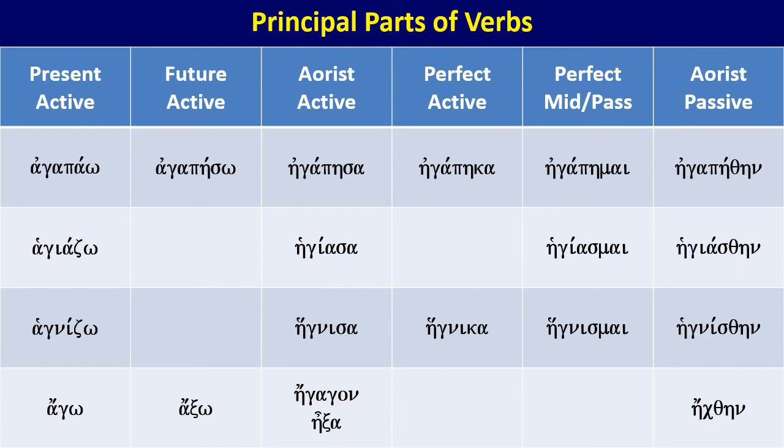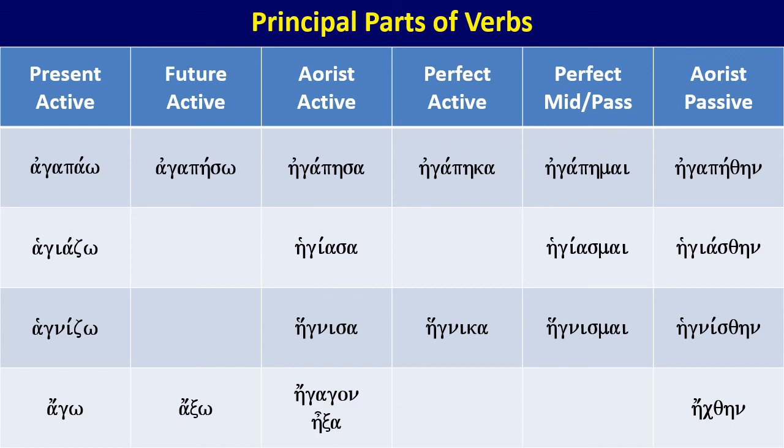So let's take agapao up there in the upper left corner. I love. Let's say that you don't recall what the aorist active indicative spelling should be for first person singular. So you go to your principal parts chart and you go over 3 columns and you find the aorist active form there.